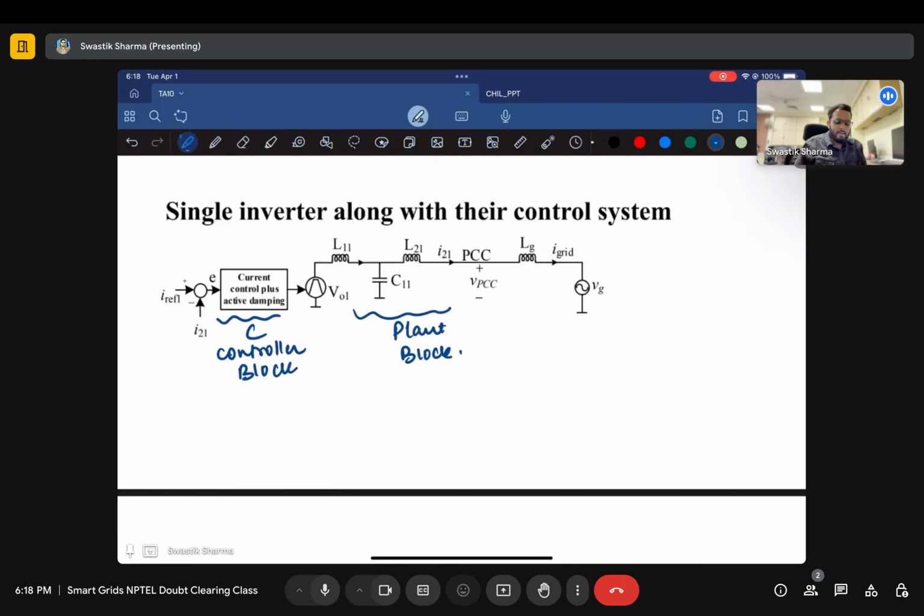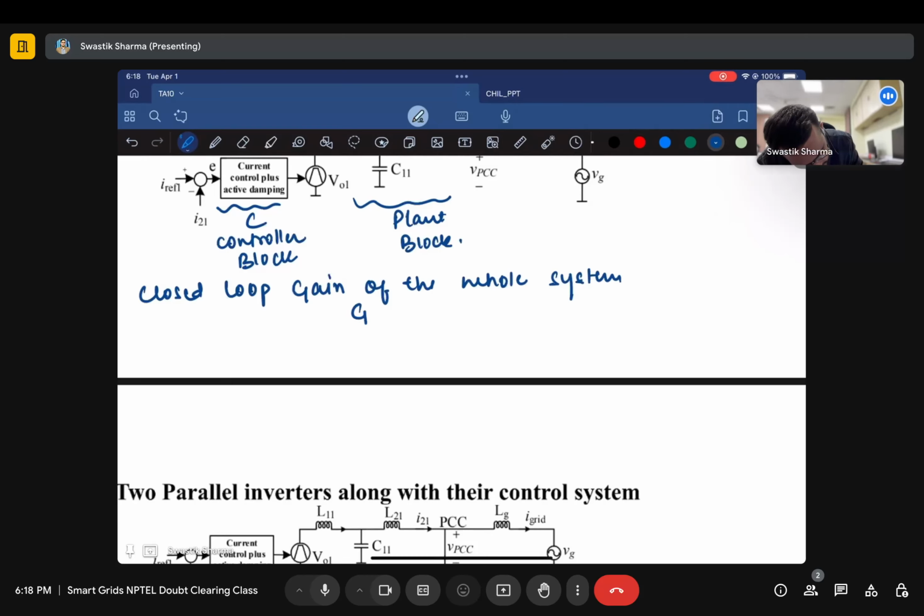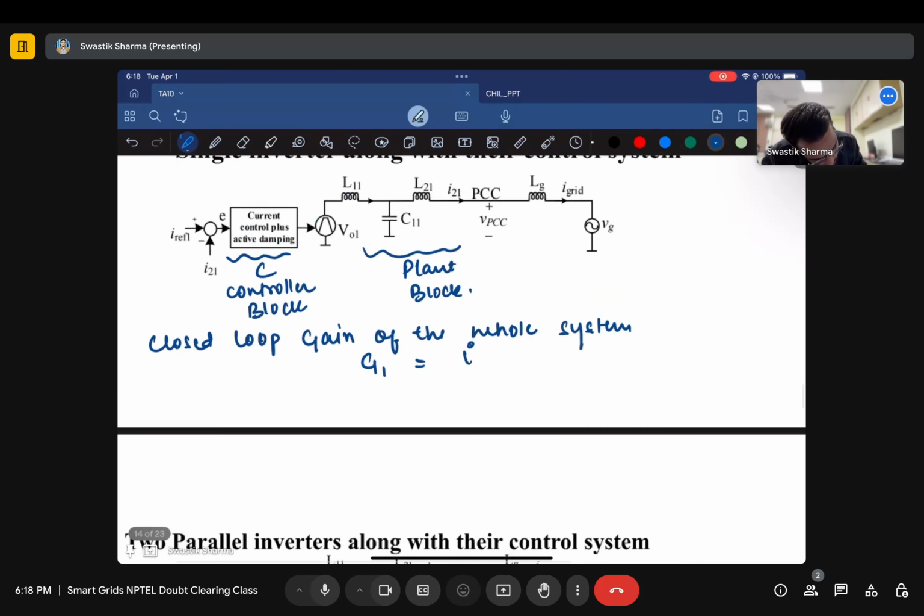Now let's say I want to get the closed loop transfer function, the closed loop gain of the whole system. G1 is nothing but I21 by I ref 1.